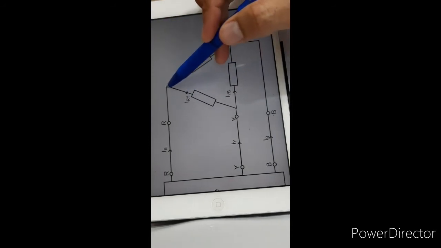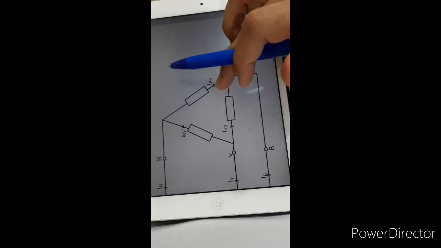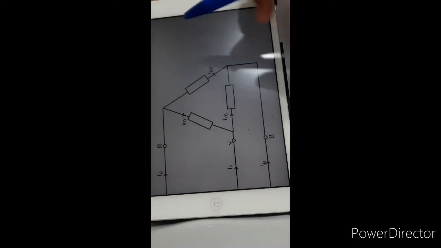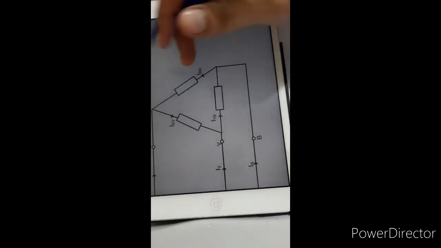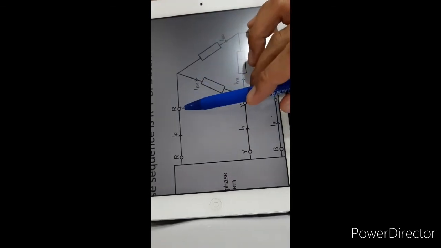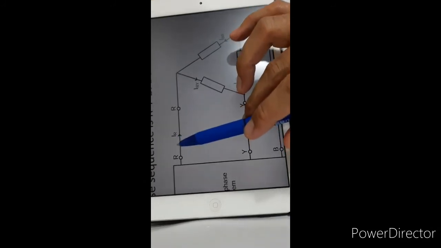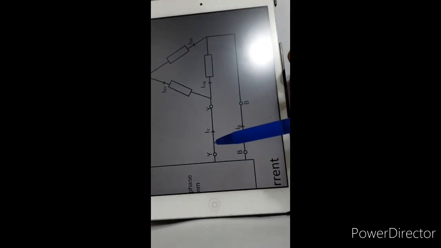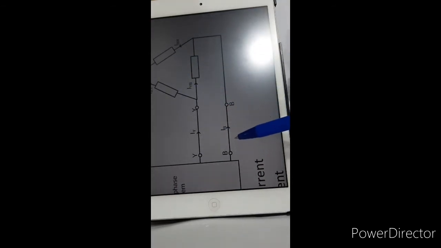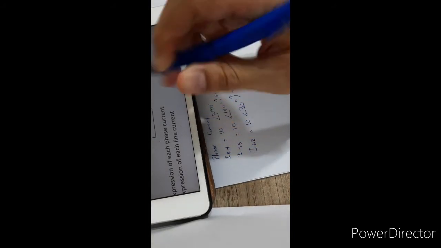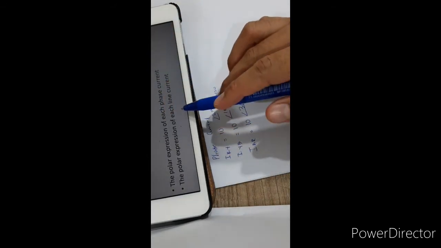Because it flows from R to Y. IYB flows from point Y to B, and IBR flows from B to R. For the line, the current is IR because it flows on the R line, IY flows at the Y line, and IB flows at the B line. So this is the phase current.